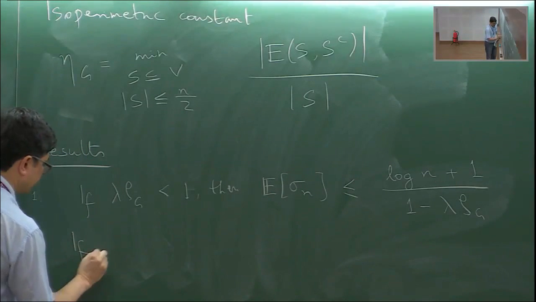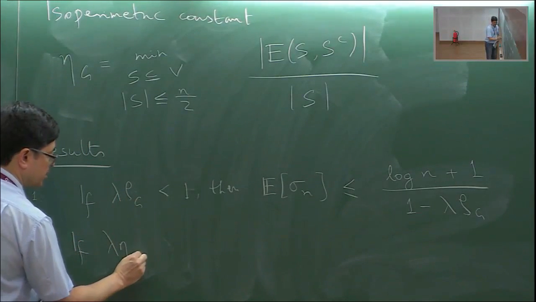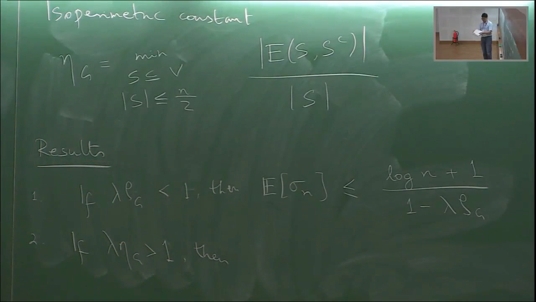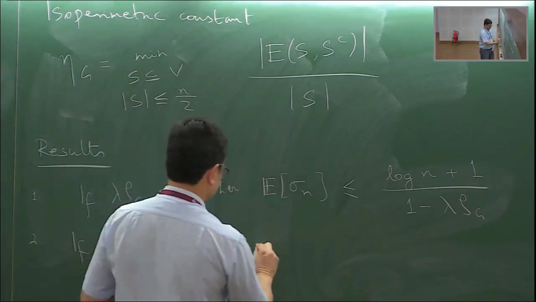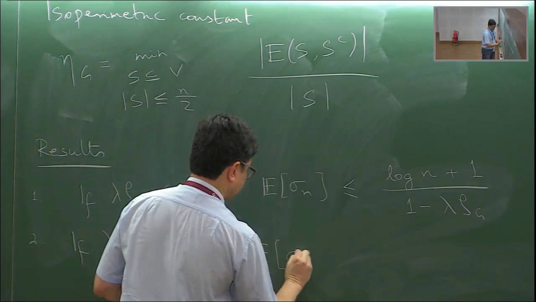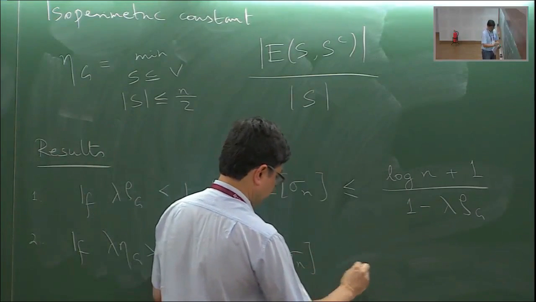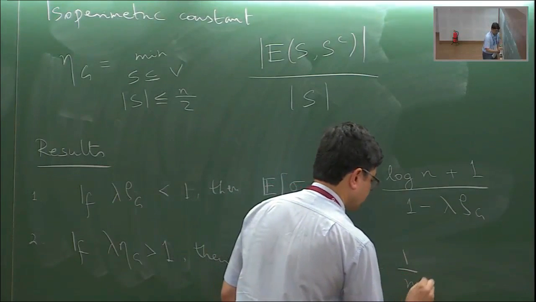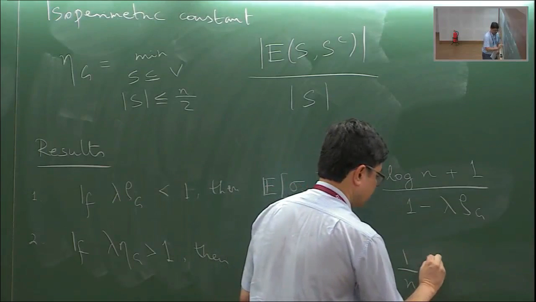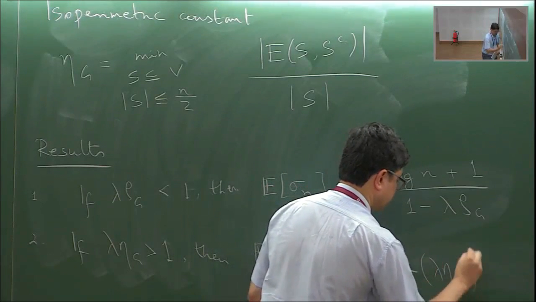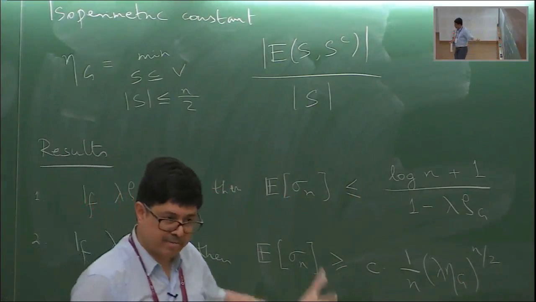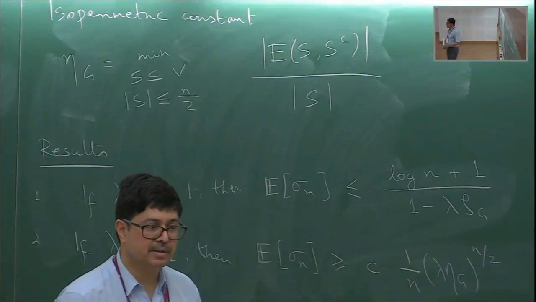And if the infection rate times the isoperimetric constant is bigger than 1, then you have exponential lifetimes. The graph is finite, so n is the number of vertices.